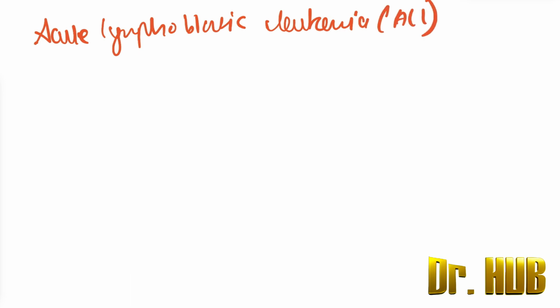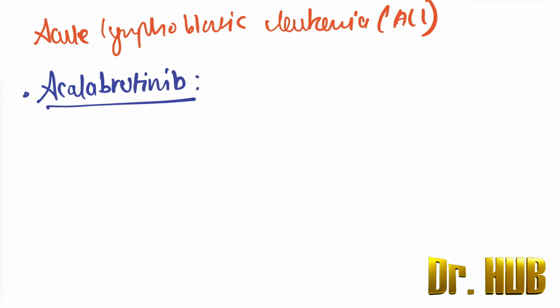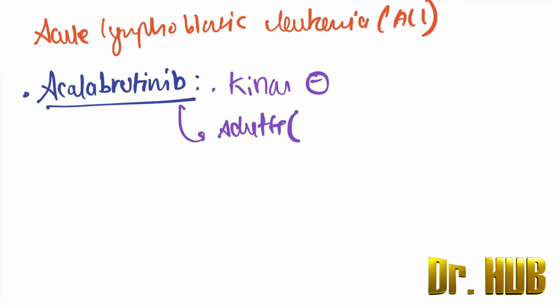Next we look at acalabrutinib. Acalabrutinib is a kinase inhibitor, and it is used to treat adults with MCL.